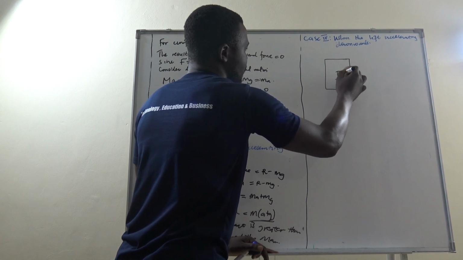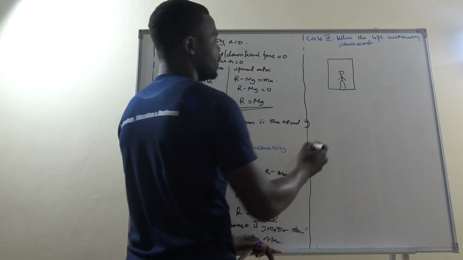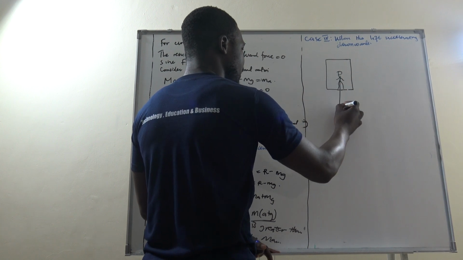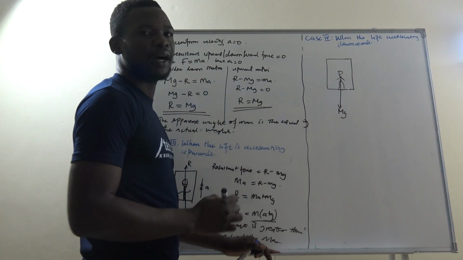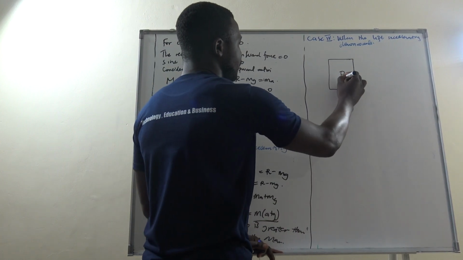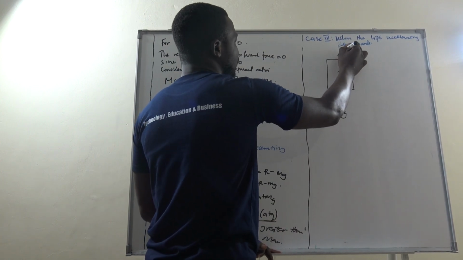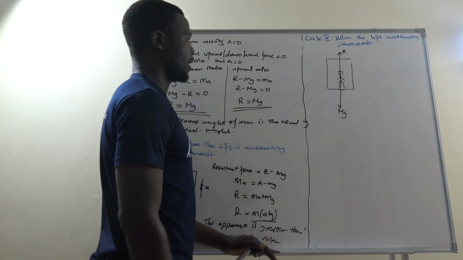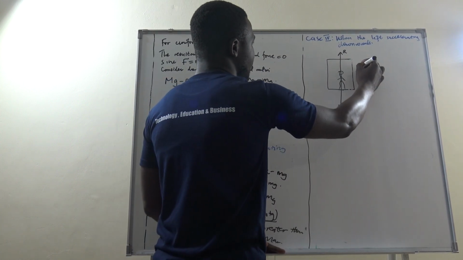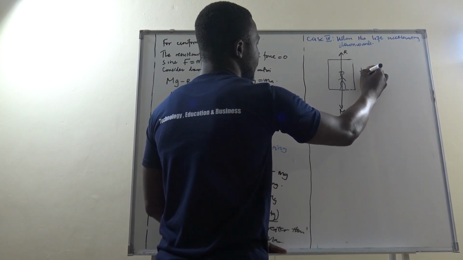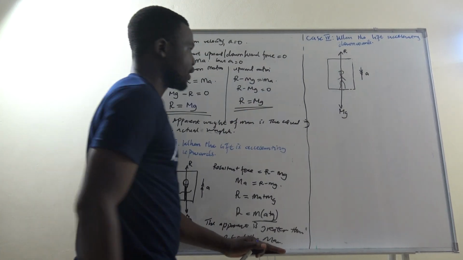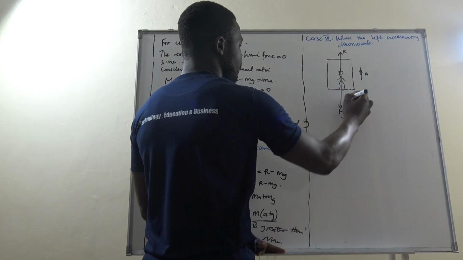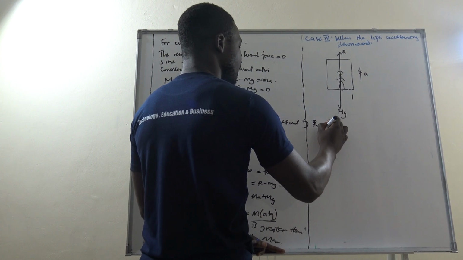We know that the weight of the man will always act downwards, and then there will be a reaction according to the third law that will act upwards, and this time the direction of acceleration is downwards.